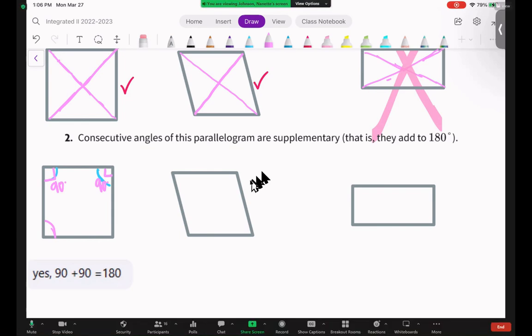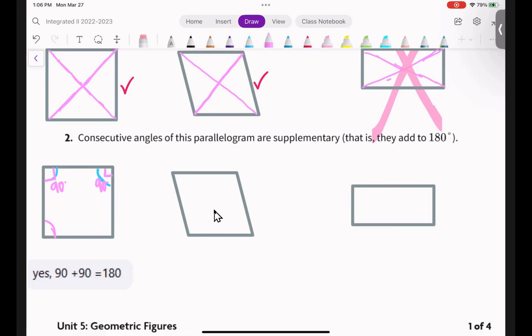What does this look like? Anybody see what this looks like? What does this shape look like? What do you see in this shape? In the rhombus? We're on the rhombus.